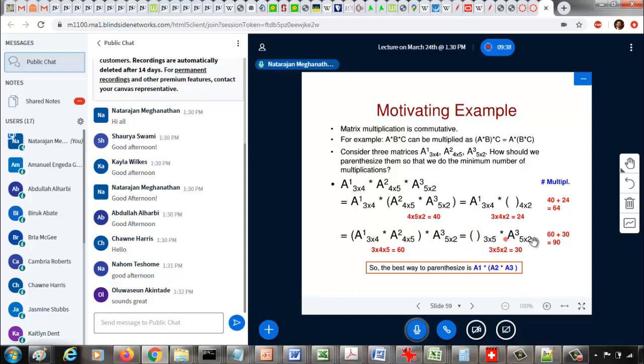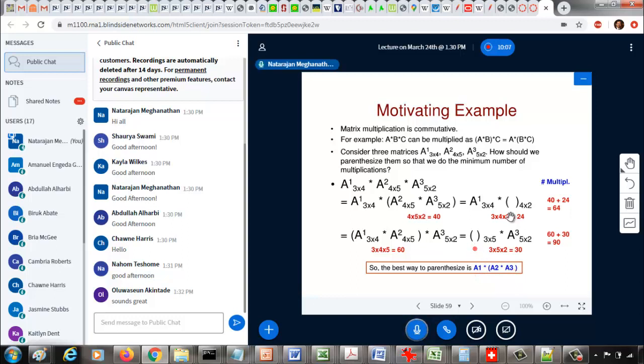The number of multiplications here is going to be 3 times 5 times 2, that's 30 multiplications. So 60 plus 30 is 90 multiplications. So you see, you encounter different numbers of multiplications with these two options. Obviously you want to minimize the number of multiplications, so you would prefer to multiply A2 and A3 first and then multiply A1 with that result.